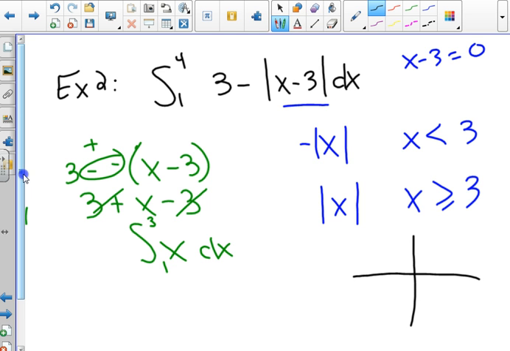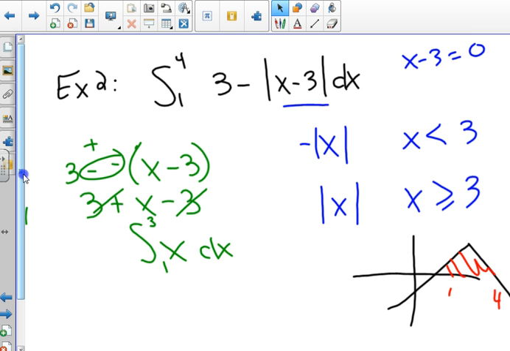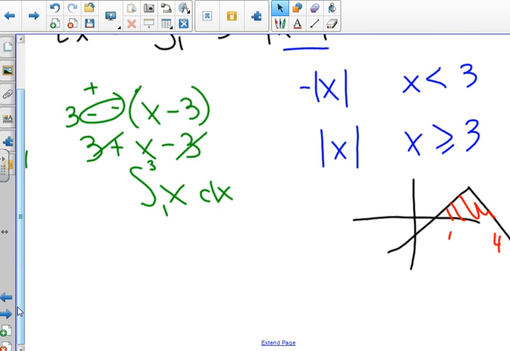I think it looks something like this. And here's your 1, somewhere like this, and then 4. I know it's a rough sketch, you can use a calculator. Why don't you guys try this part? See if you can come up with the left part of this.